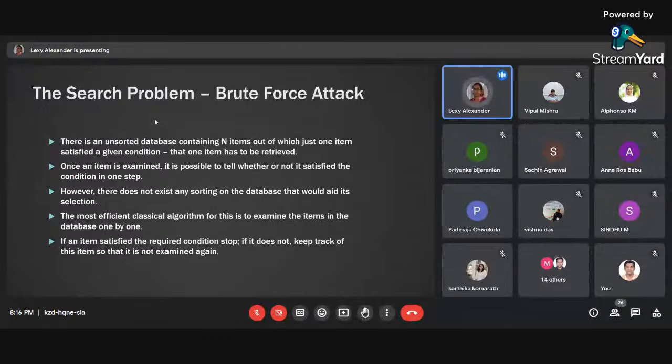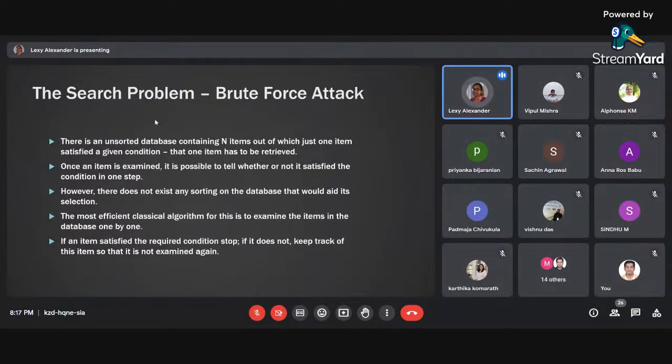So the most efficient classical algorithm for this is to examine the items in the database one by one. Once you get an item which satisfies the required condition, you stop. Otherwise, you keep aside that item and take another item from the set. Again, check whether the condition is satisfied. If it is satisfied, you are done. Otherwise, you keep it apart and take another one like that.